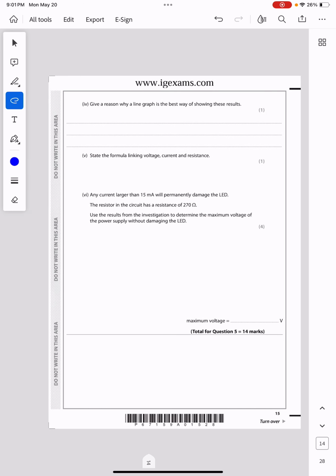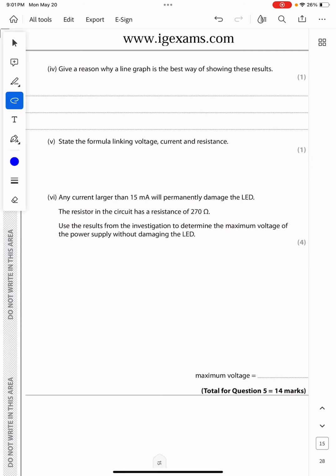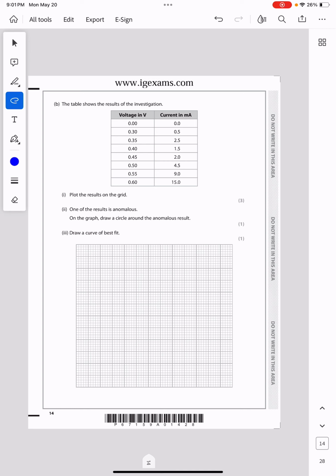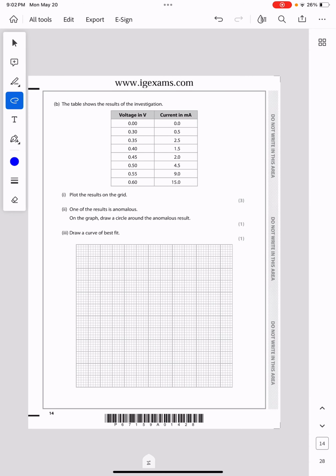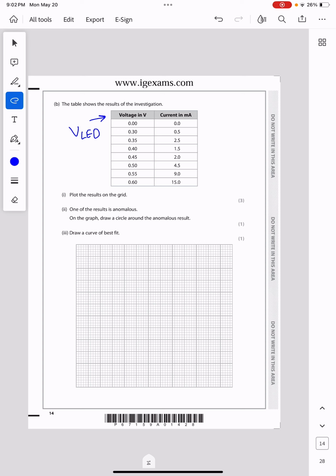And then let's go back to this question. Here, the table shows the results of the investigation. The diagram shows the circuit used to investigate the relationship between current and voltage for the light emitting diode, which is the LED. It means that this is only for V of the LED.